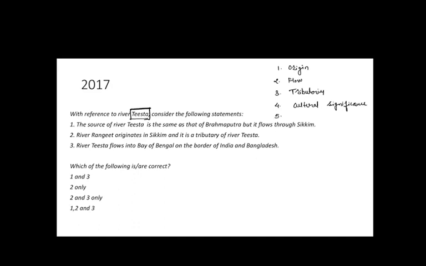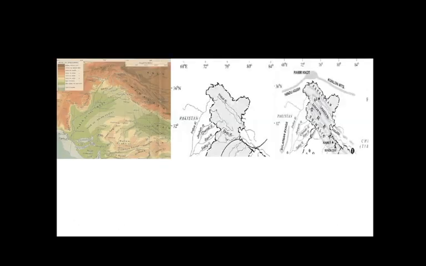Sometimes the environmental aspects are also asked. And sometimes we need to know the dams on the rivers if the dams are in news. So let's dive into river Indus.